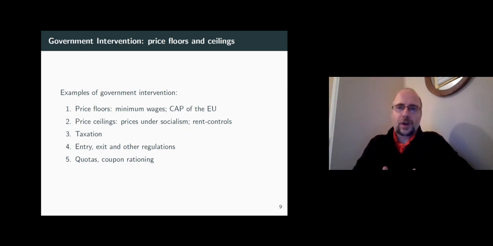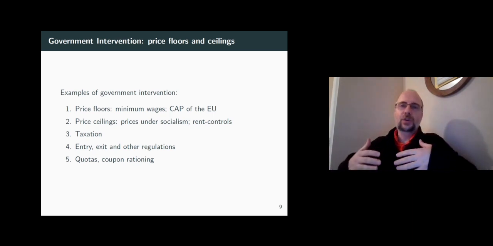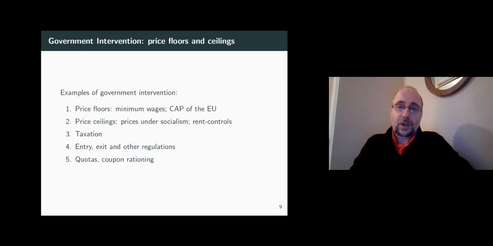The need for coupon rationing arises because the demand is too high and the price is too low for the suppliers to show up. In any case, the market is way too far away from the Pareto efficient allocation. So, as you can see, there are a bunch of ways in which the government can affect the Pareto efficient allocations. That's what governments do after all. They mess with allocations.